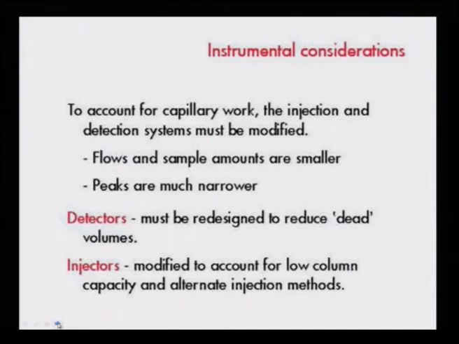Now, here I would like to emphasize that many a times when even 1 microliter is injected, only 10% is allowed into the capillary column, while 90% is rejected, and this kind of injector mode is called split method of injection.